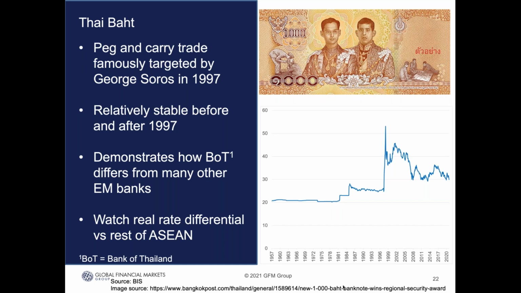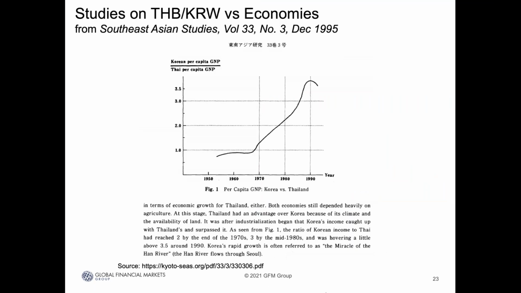Much of this, again, has to do with how the Bank of Thailand is much more restrained in printing new Thai baht compared with other emerging market banks in being looser with inflationary monetary policy. So the main thing to watch is the real interest rate differential versus the rest of ASEAN and whether that is going to sustain strong Thai baht exchange rates.